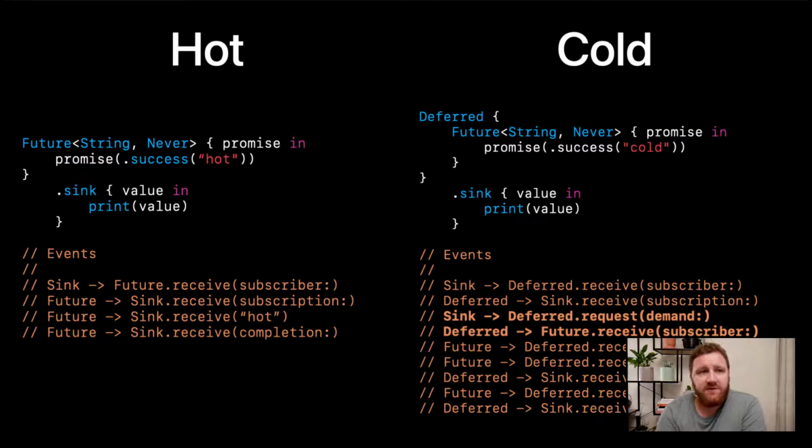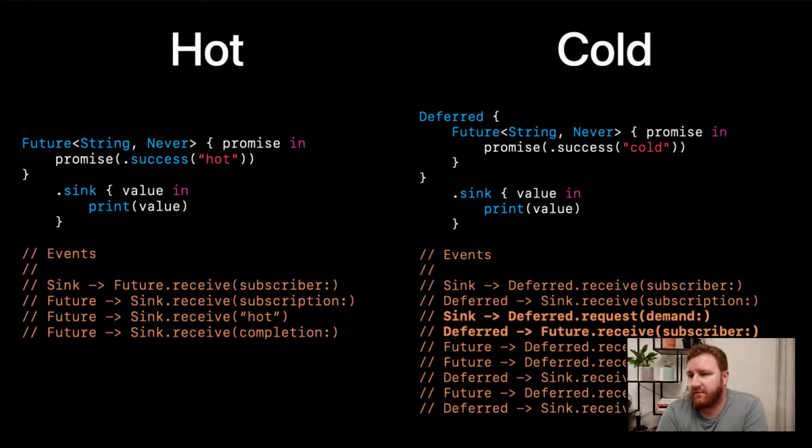So the example of this that usually trips everyone up is Future. Future is a hot publisher. And the moment that you actually hook everything up, it will invoke that closure that you're passing into the initializer. The promise is completed, and the Future will emit the value that comes through. Apple's standard way for dealing with this is to wrap it in deferred.